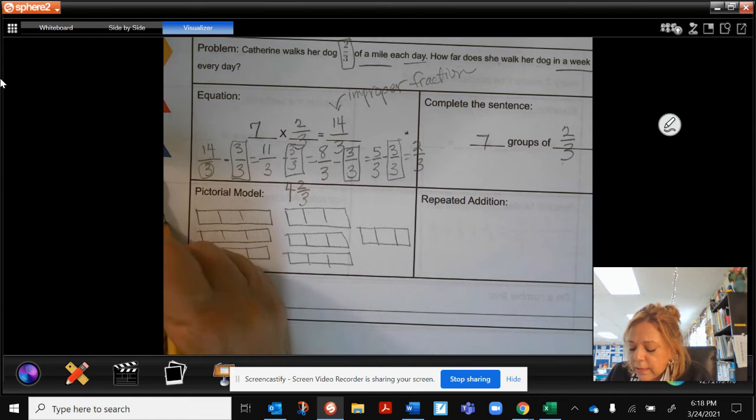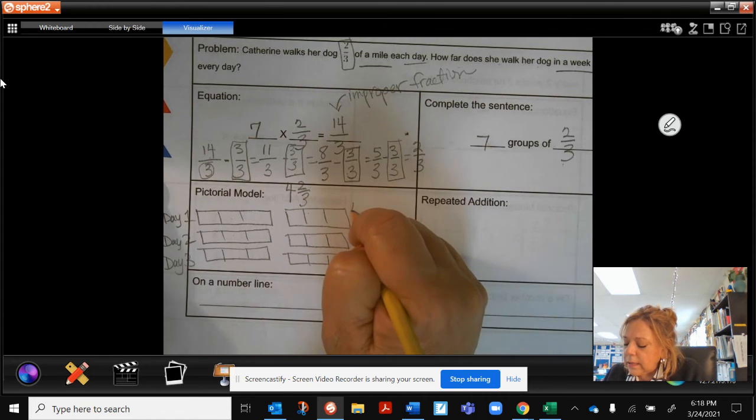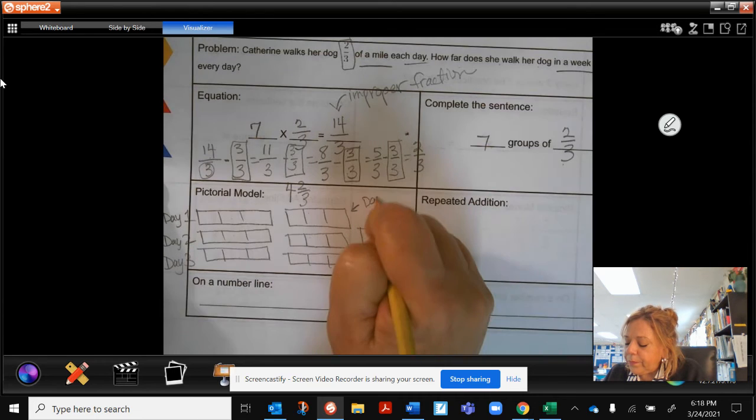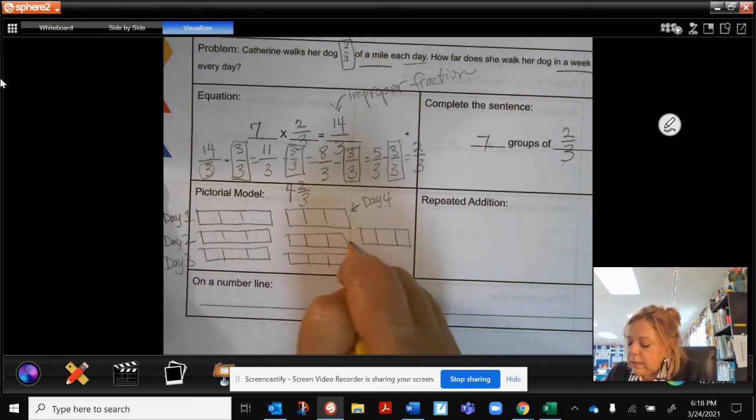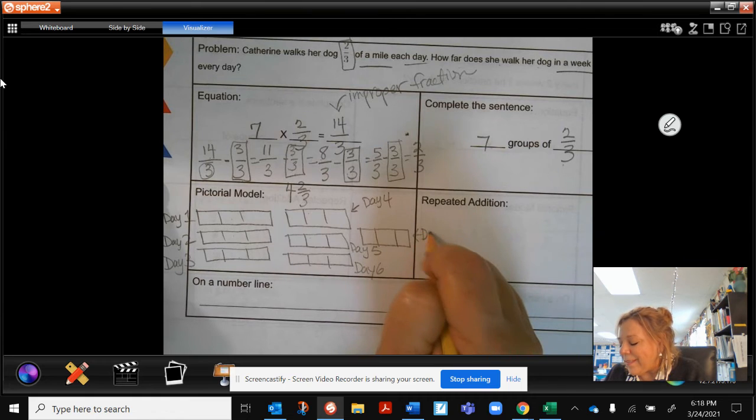So I'm going to just write out day 1, day 2, day 3, day 4, day 5, day 6, and day 7.